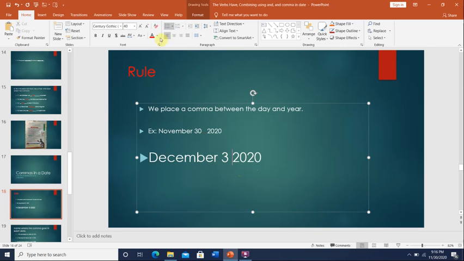I put the comma between the day and the year. So these two numbers, between the day and the year. Okay, so that's the only lesson that we have today, where to put the comma. So when we write the date, we put the comma between the day and the year.